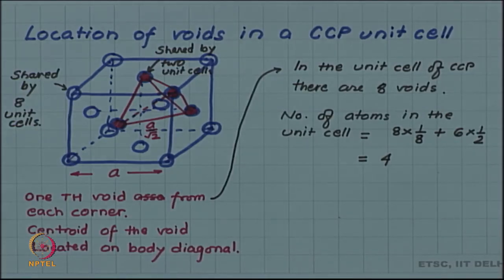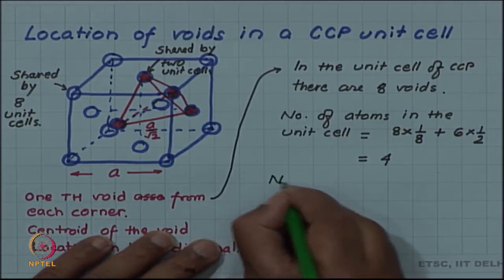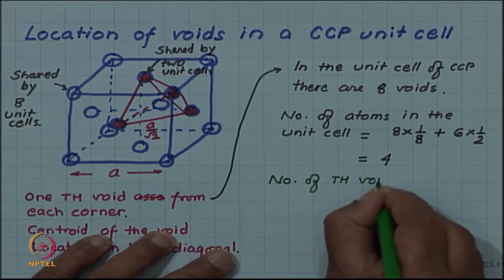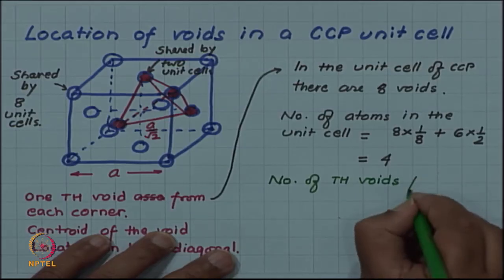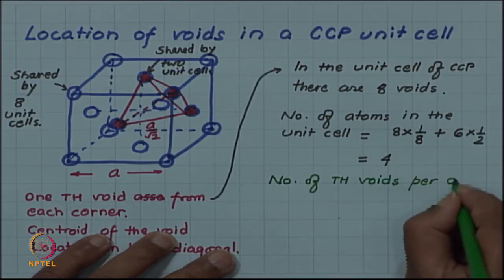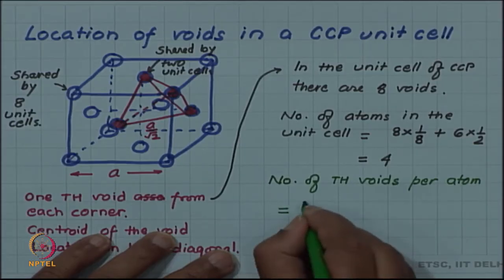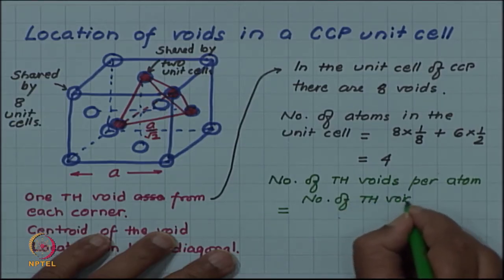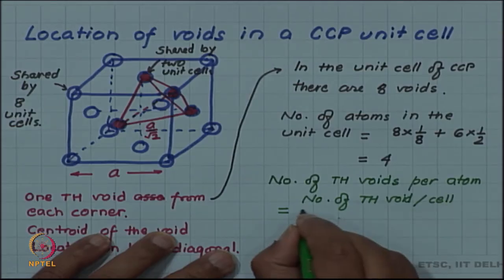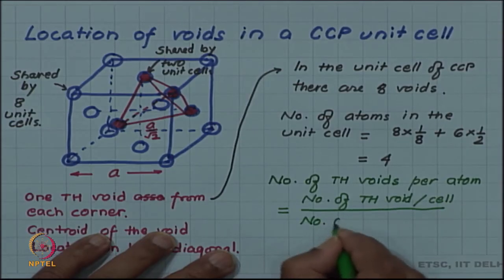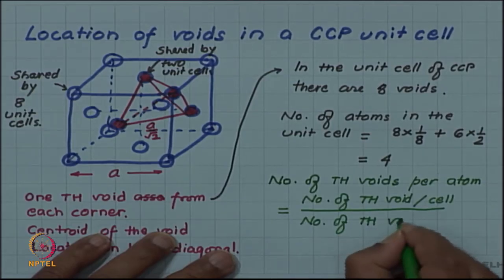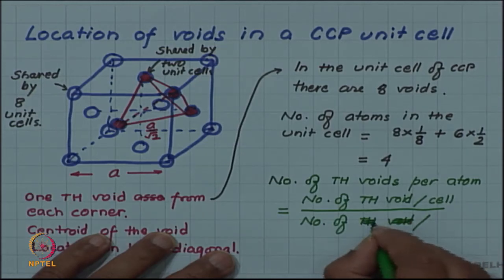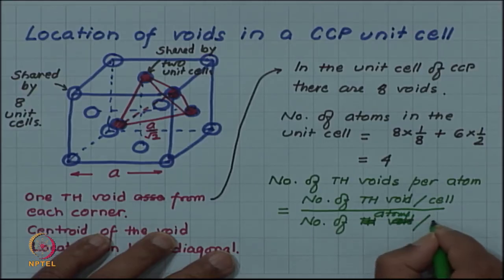So, this gives us a calculation of number of tetrahedral voids per atom: number of tetrahedral voids per cell by number of atoms per cell.